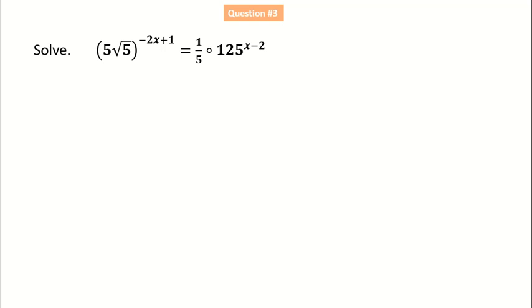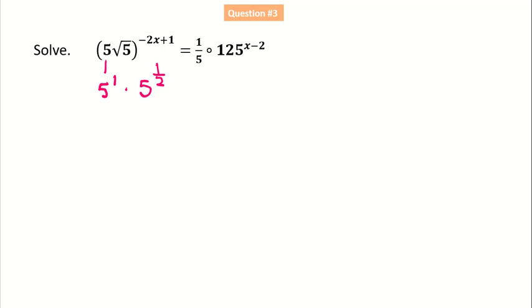Alright, so I'm going to look at this, and it looks like our common base is 5. This is 5 to the first power times 5 to the 1/2. Remember that the denominator is going to be the type of root we have, so that would be the square root of 5 to the first power.